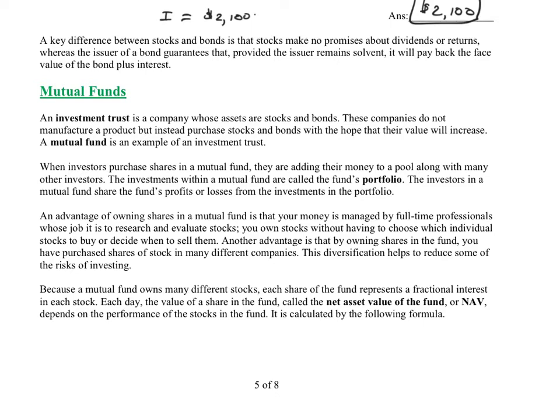So an investment trust is a company whose assets are stocks and bonds. The company does not manufacture a product, but instead purchases stocks and bonds with the hope that their value will increase. A mutual fund is an example of an investment trust. So what does a mutual fund do? Let's say we looked at Apple earlier, so let's stick with that. If you want to buy a stock, you could buy just Apple stock.